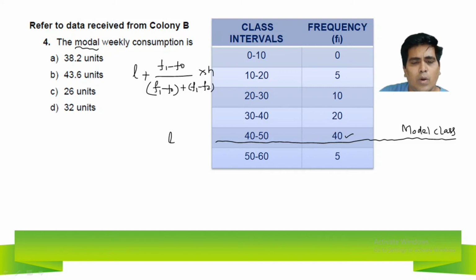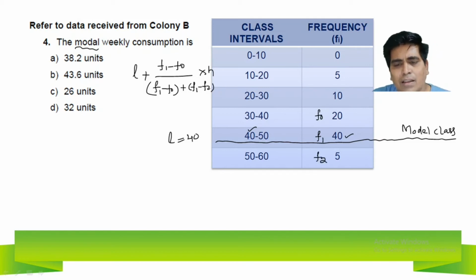We'll get the lower limit of the modal class, that is 40. And the frequency of the modal class is f1. And the preceding one is f0, and the succeeding one is f2. So f0 is 20. That is the preceding modal class frequency. f2 is 5, that is the succeeding modal class frequency.